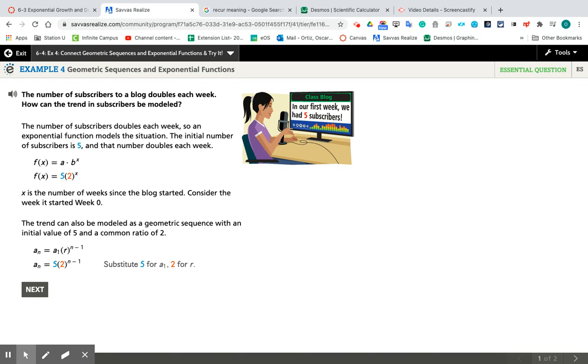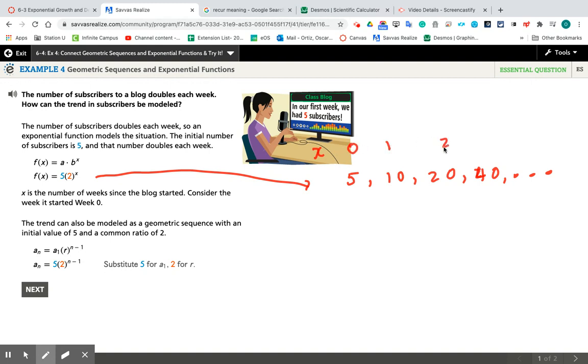Maybe we need to do it quickly here. So for this one, we are thinking of 5, 10, 20, 40, and so on, right? When we are talking about exponential functions, we said x equals 0, x equals 1, x equals 2.